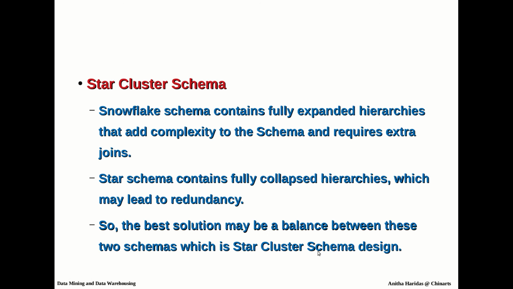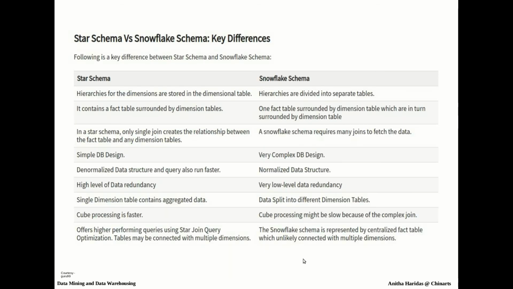So the extra joining will not be there, but you will have the hierarchies also. So that is the star cluster schema, but this is not a popular schema. The very popular schema is always the star schema.